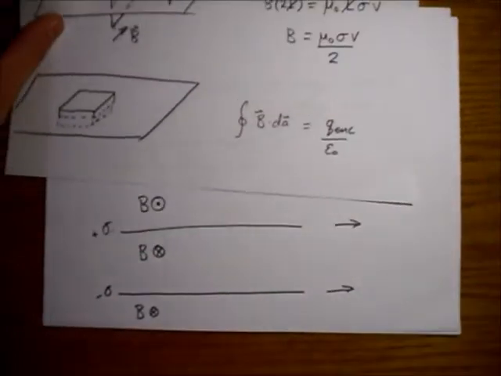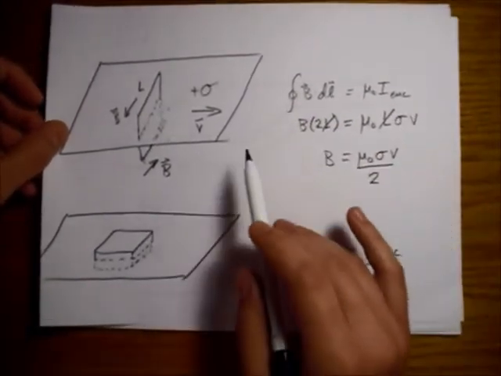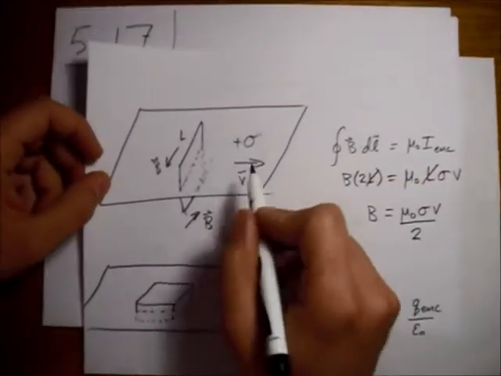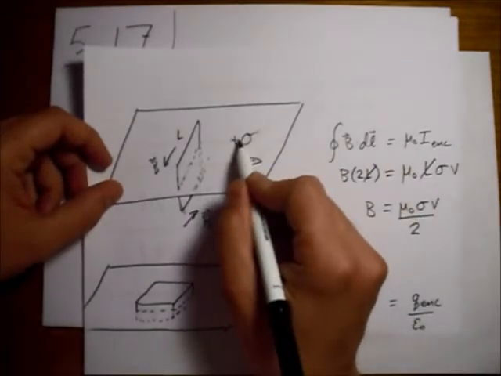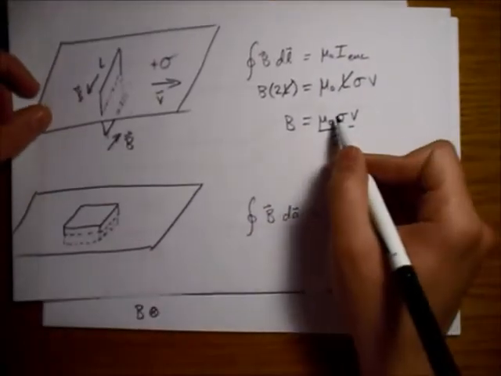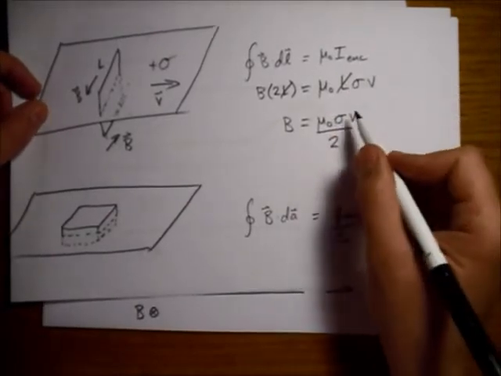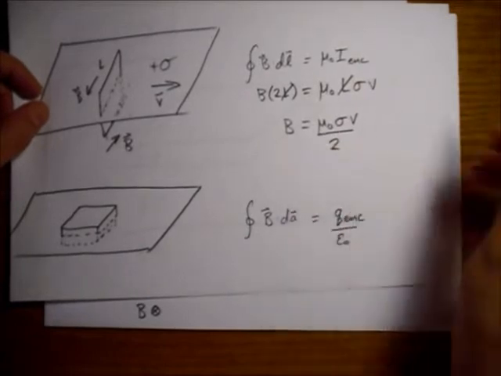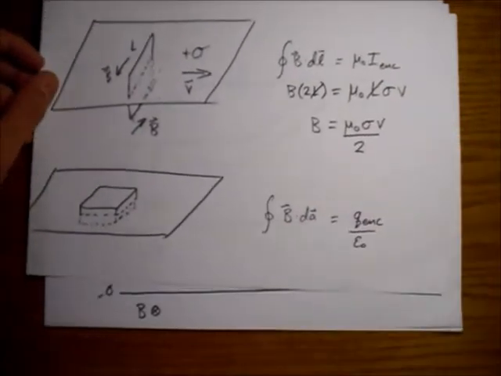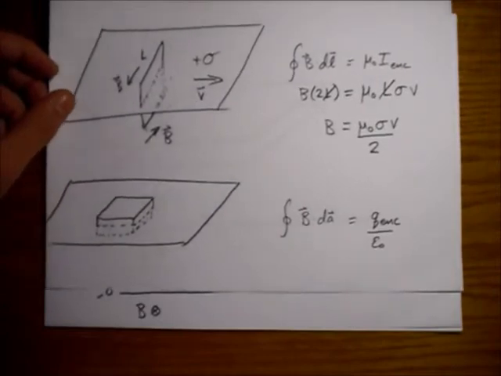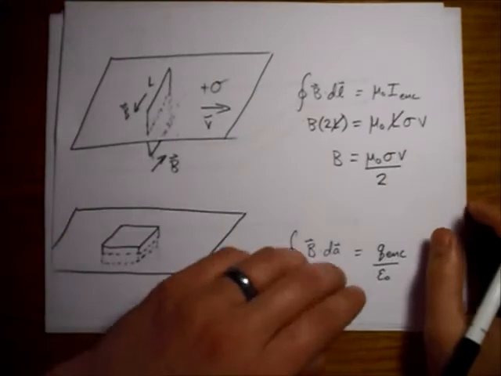If we were to go through the same process with the Amperian loop for the same V direction, only with a minus sigma, we would just plug in a minus sigma instead of sigma for all of this, and we just get a minus sign right here, which makes sense if you look at the right-hand rule.